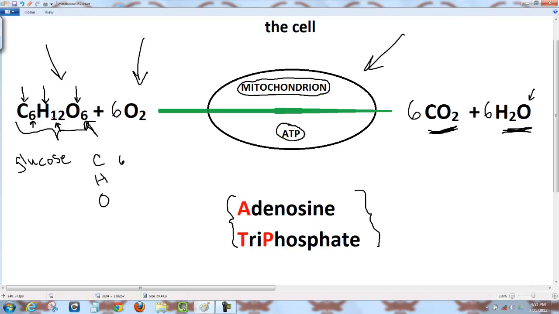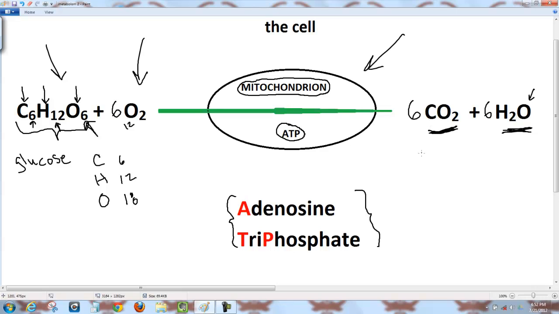We have 12 hydrogen, and then we have 6 oxygen here, and then we have 6 O2s, so 6 times 2 is 12. We have 12 here, and we have 6 here, so we have a total of 18. And that has to be what we end up with over here.